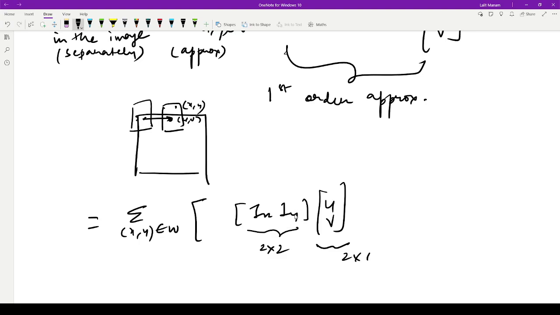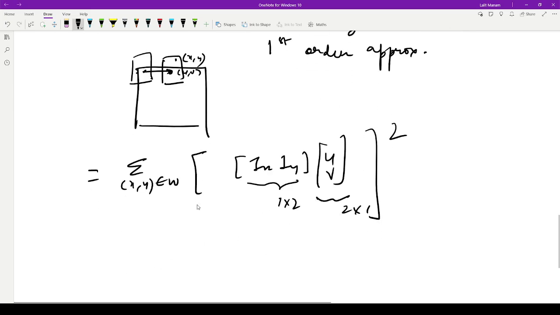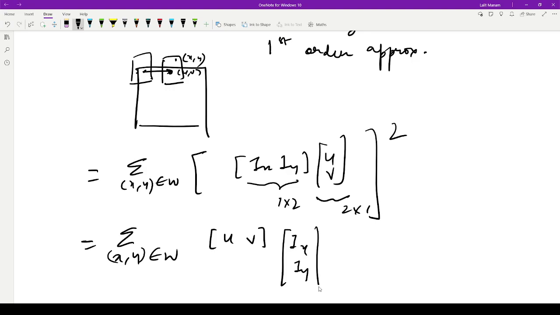Sorry about this. This is a single row vector, 1 cross 2. Ix is a single quantity, Iy is a single quantity, and of course u v is a single vector. So based on this, we just try to expand it based on linear algebra, and this is what we get: u v, Ix Iy like this, then Ix Iy like this, and u v like this.